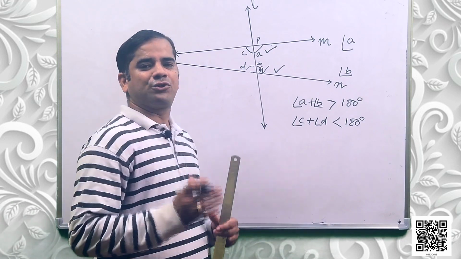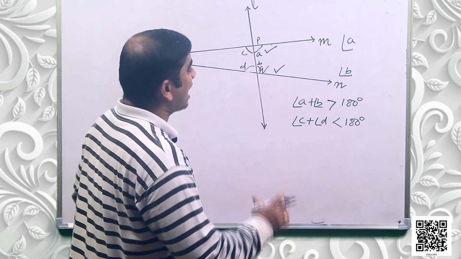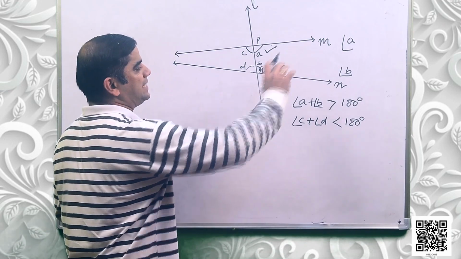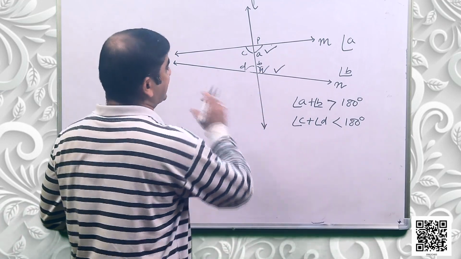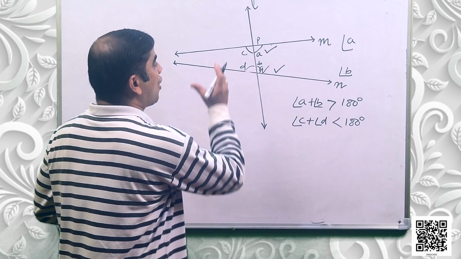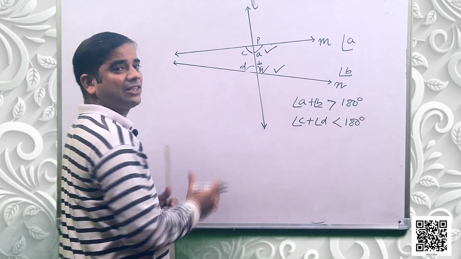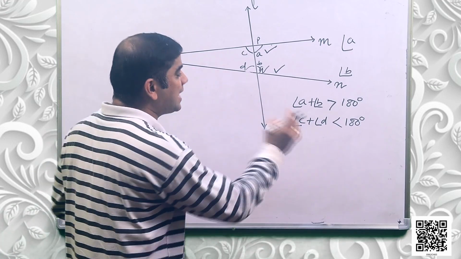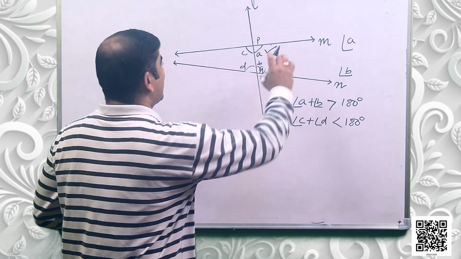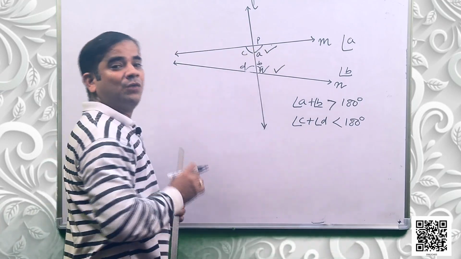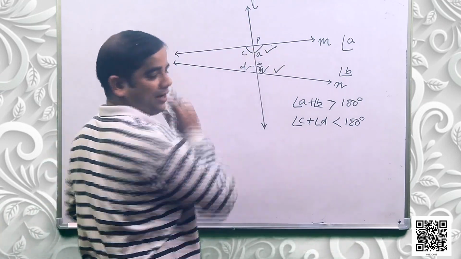So, as per postulate 5, when we produce the lines on the side of the internal angles whose sum is less than 180 degrees, then both the lines will meet at some point.